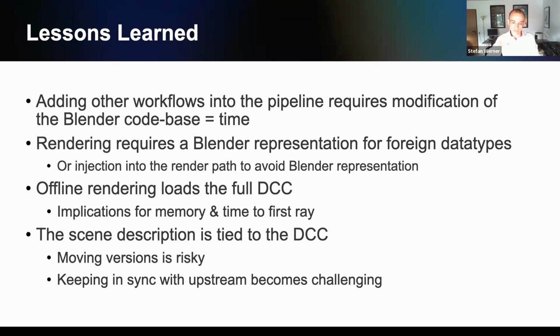Also, when we were sending renders off to the farm, it required that we send a full blend scene and load it into the full Blender, because there is a standalone Cycles version, but it is more of a research and development tool, not a full featured renderer with a file format that would deliver all of its features.